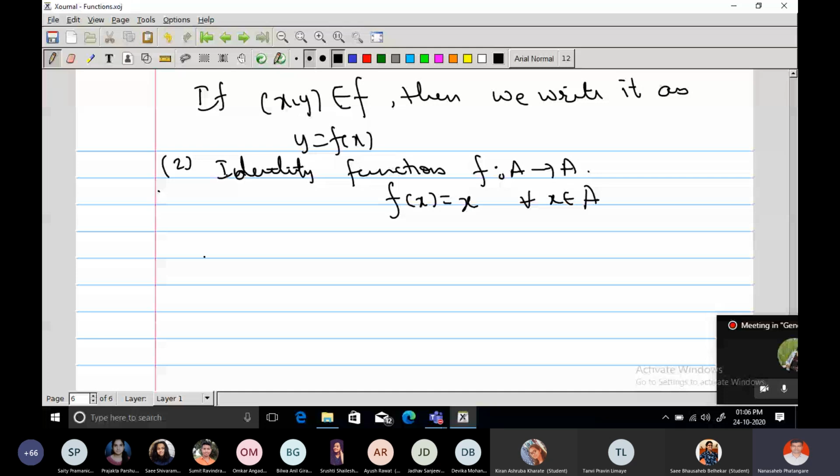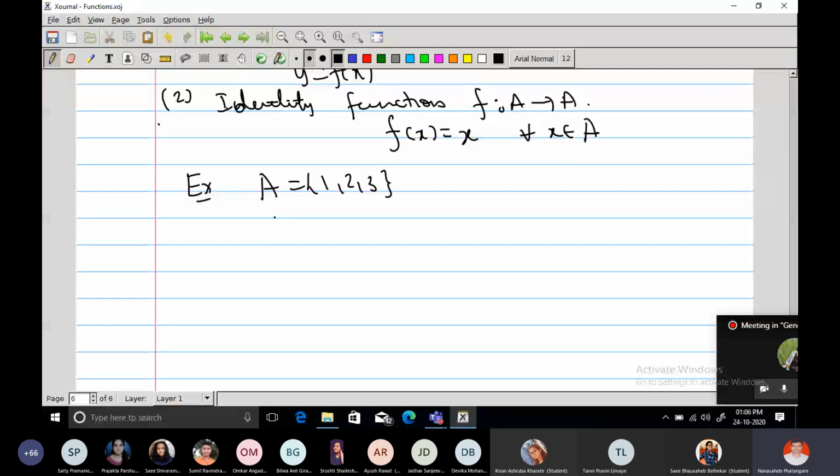For example, if my set A is {1, 2, 3}, then what is the identity function? The domain is 1, 2, 3 and the codomain is also 1, 2, 3. Then I will map 1 to 1, 2 to 2, 3 to 3.